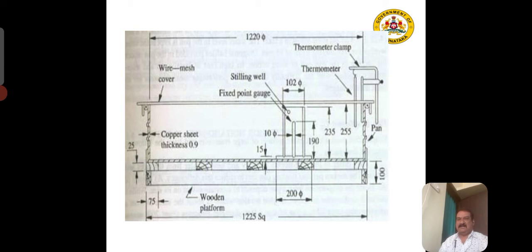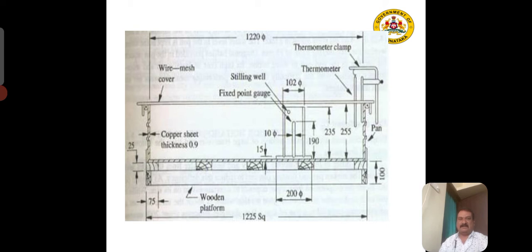You can see in this figure the evaporation pan, which conforms to IS 5973 and is also called the Class A pan. It consists of a circular copper vessel of 1220 mm effective diameter, 255 mm effective depth, and a wall thickness of 0.9 mm. A thermometer is assembled to record the variation in temperature.